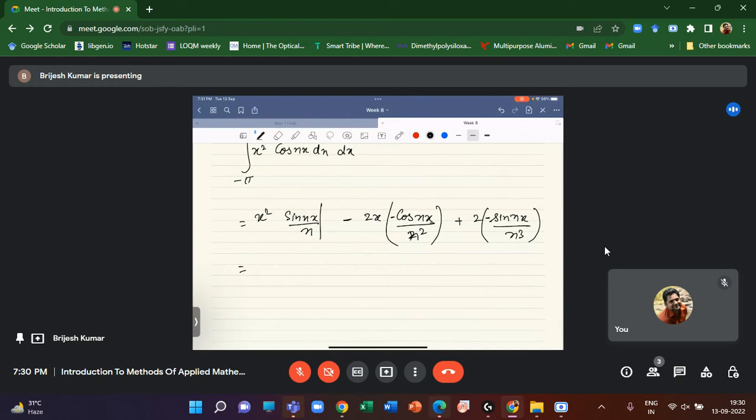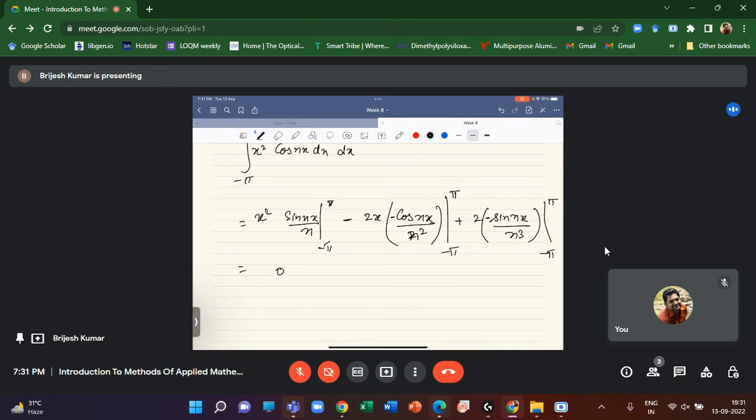And all the limits are minus pi to pi. So this will be 0, because pi and minus pi both will give 0.